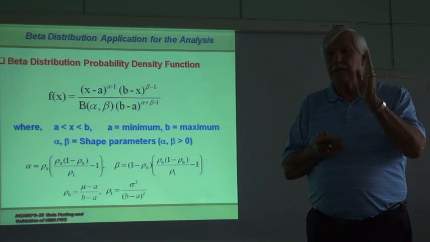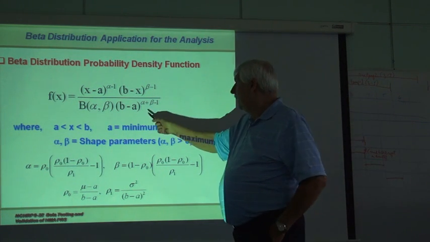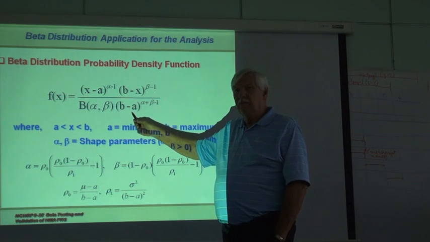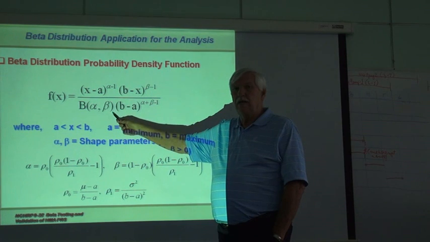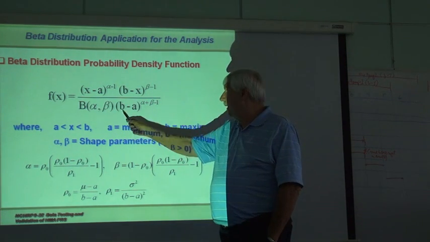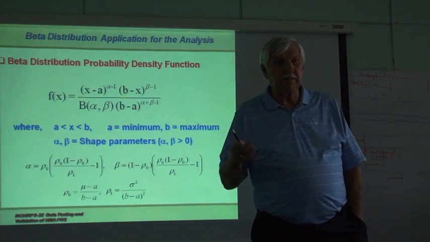If I wanted to look at asphalt content, I'm going to put an A equal to maybe 0% or 1%, which means I can never get an asphalt content of 0 or minus 2% asphalt. On the other hand, the B value is something that will be the maximum.